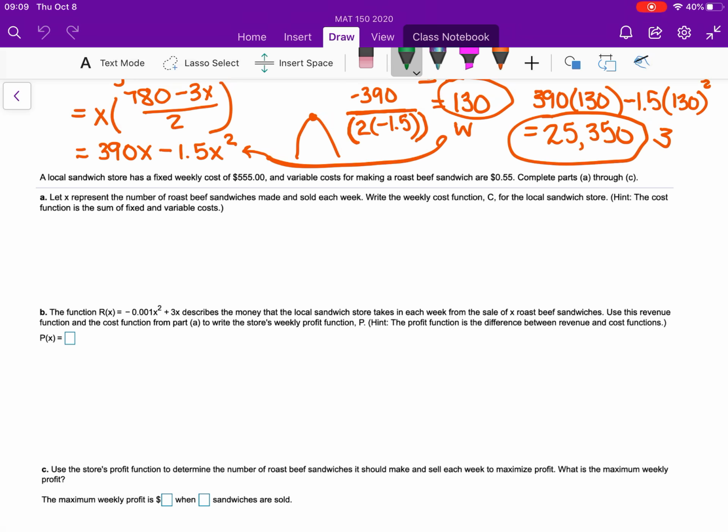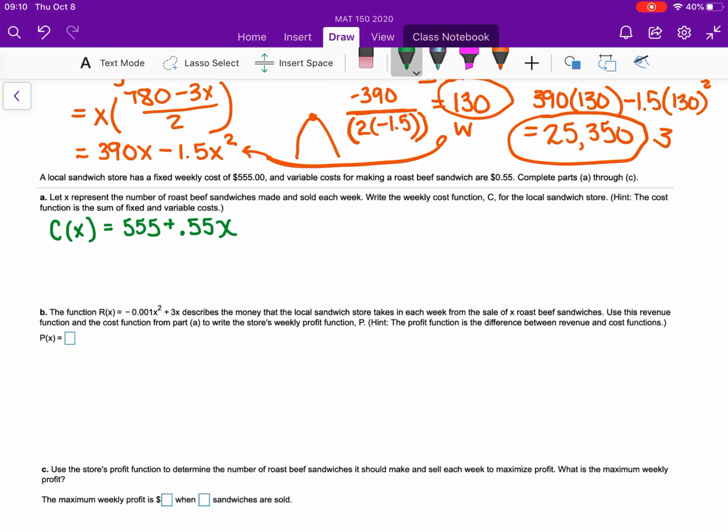If we let X represent the number of roast beef sandwiches made and sold each week, write the weekly cost function C for the local sandwich store. It even gives you a hint that it's just the sum of the fixed and variable costs. So we know we have to spend $555 every week, plus we have to spend 55 cents for every roast beef sandwich that we make. Okay.